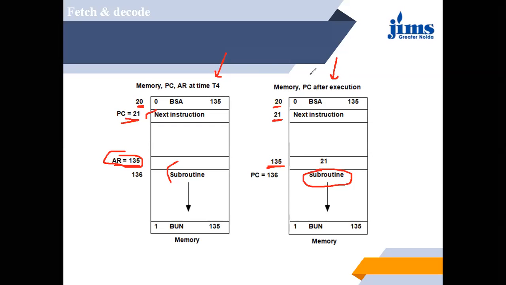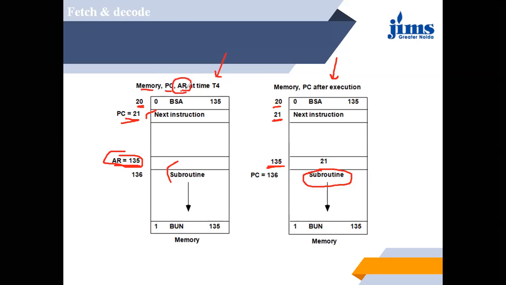Earlier, memory is included, program counter is included, and address register is also included. But later on, after execution of the instruction, there is no need of the address register.